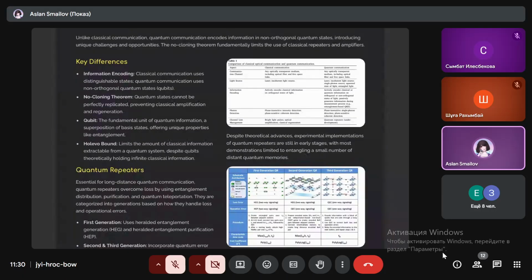These devices are used, for example, in quantum computers. I guess you heard about this before. Quantum computers are used for some complex calculations, like, for example, the particles in space and so on.